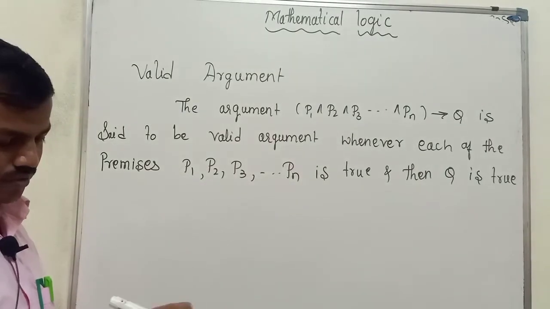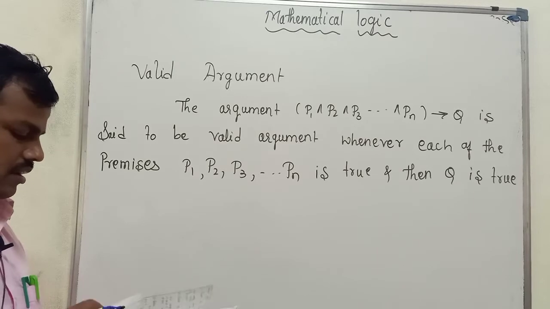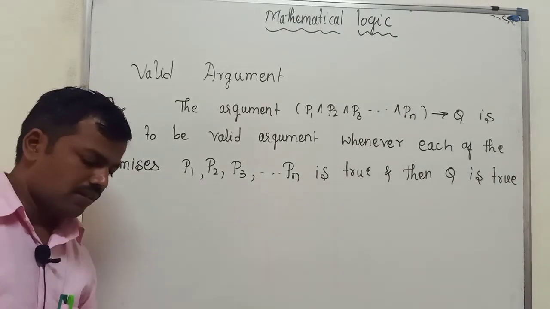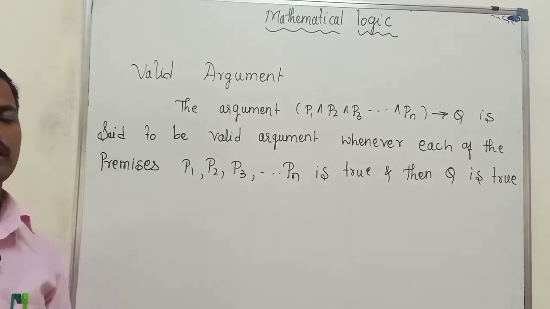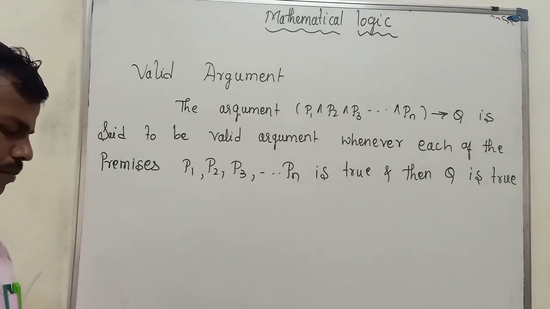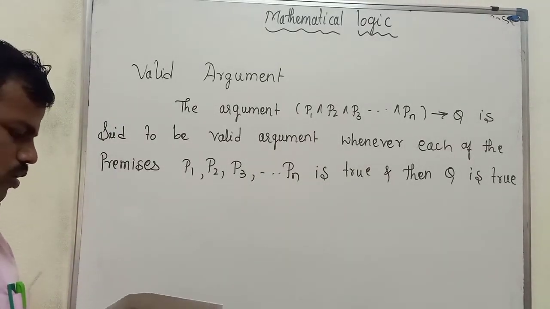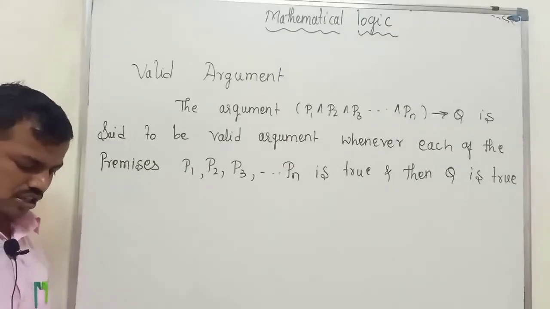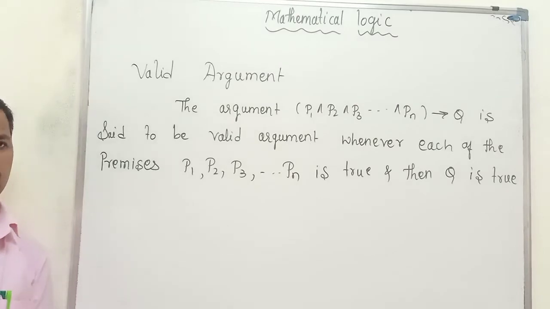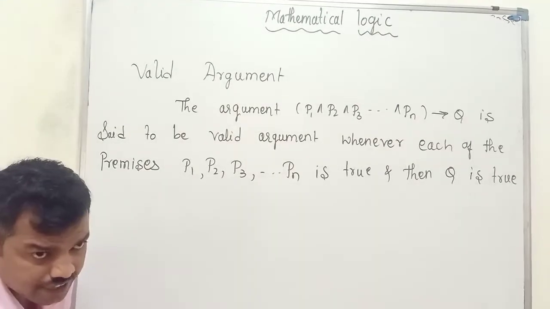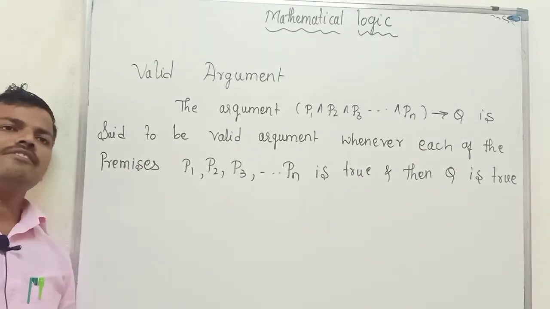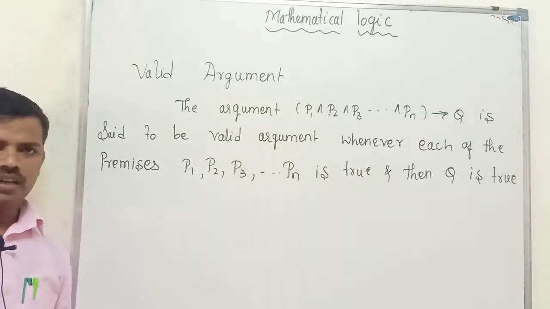After this we have to study some rules of inference, which are very important. For example, the rule for conjunction. We already know when it is true and when it is false. Conjunction is true only when both P and Q are true.